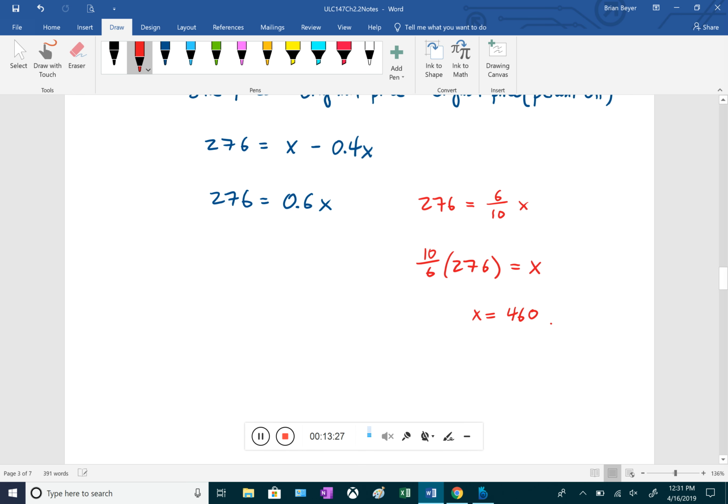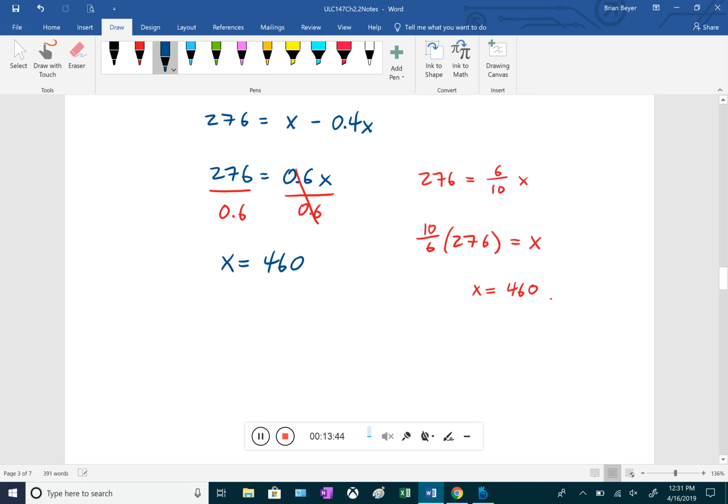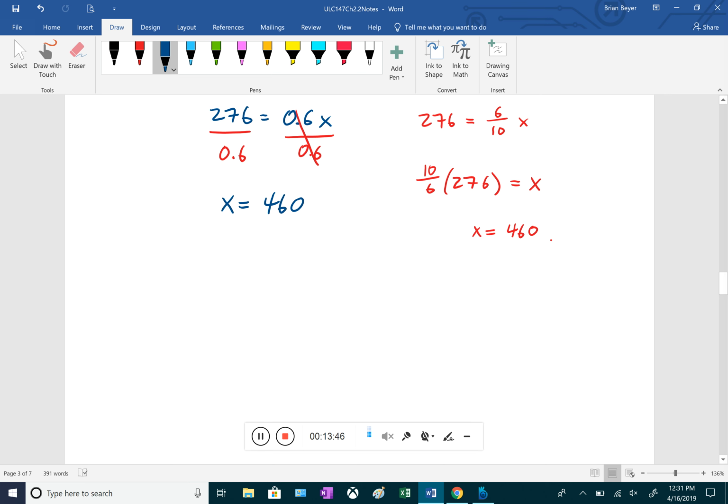Okay, so that's one way to do this, by doing it kind of by hand. But if you're using a calculator, you would divide both sides by 0.6. And we get the same thing. We get x equals 460. Okay, so this is the original price. So this is money. So we would say the original price was $460.